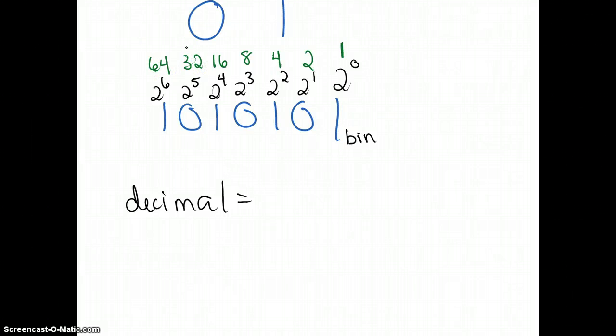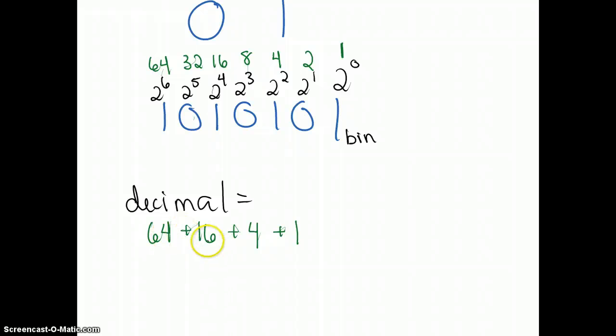Look familiar? That's all it's saying. So what it's saying is we have 1 64. We have 0 32s. We have 1 16. 0 8s. We have 1 4. We have 0 2s and 1 1.